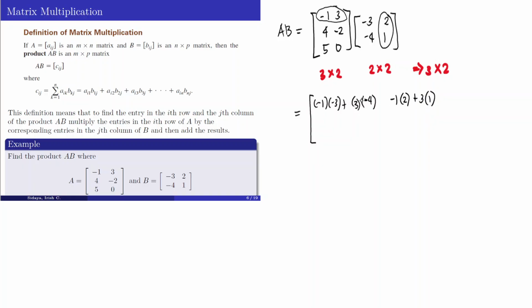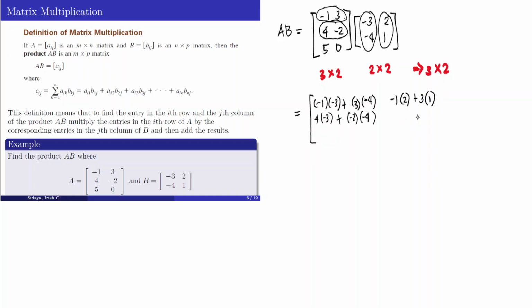Next, to get the second row, first column entry, we will multiply the second row of A by the first column of B. So we will have 4 times negative 3 plus negative 2 times negative 4.